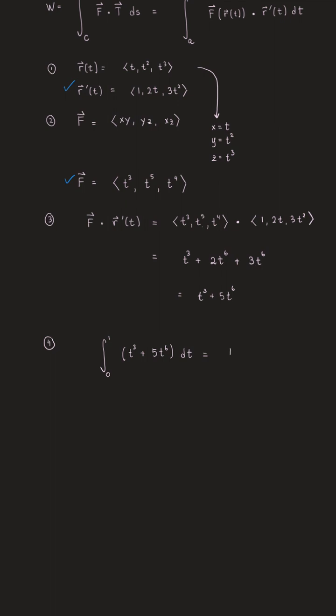So this becomes t to the 4 over 4, just using the power rule, plus 5t to the 7 over 7. And this is from 0 to 1, which is kind of nice, because then I can just put in 1/4 plus 5/7. And when I put in 0, I get 0, and this becomes 27 over 28.